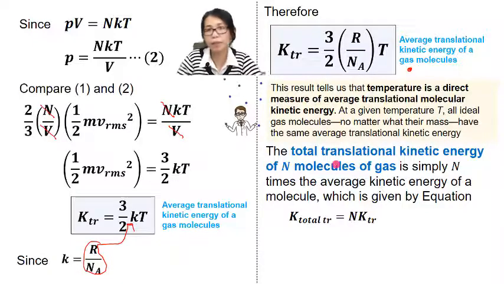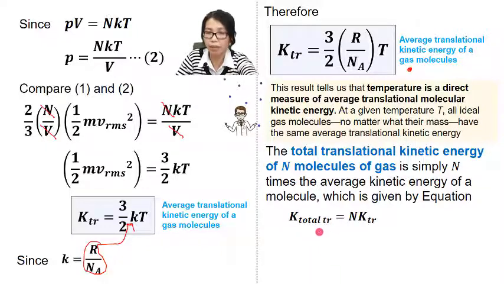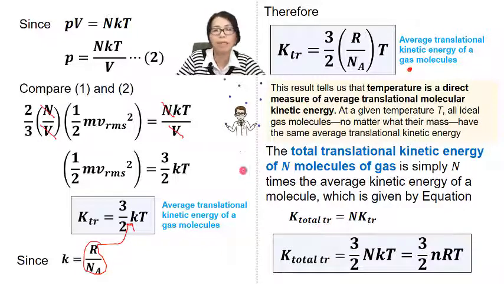We just simply take the kinetic energy for one gas molecule multiplied by the number of molecules. Then you will get the total translational kinetic energy. So the total translational kinetic energy of a gas is given by 3/2 NkT, or you might have 3/2 nRT.